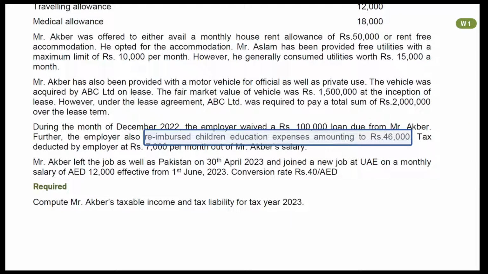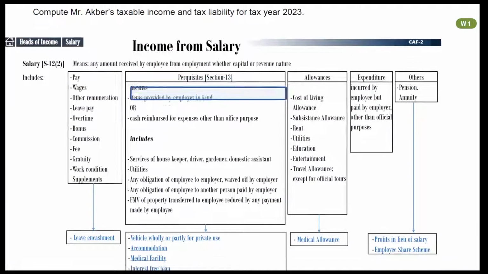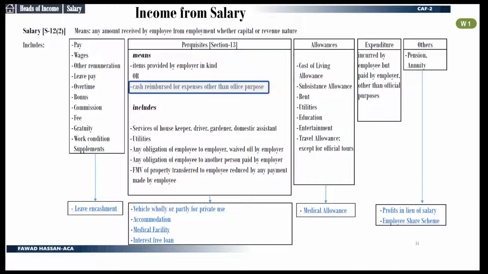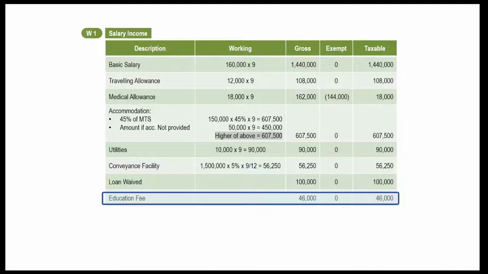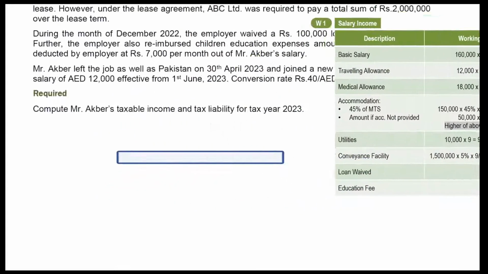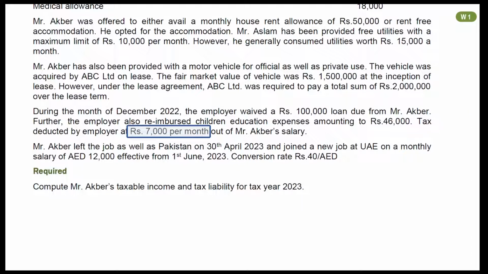This is a personal expense, which has been reimbursed by employer. Recall notes slide. Cash reimbursement of personal expenses is included in definition of salary income. Mention it in your working. Rs 46,000 will be included as taxable salary income. Next information is about withholding tax deducted from salary. Please note this point. We will use it later.